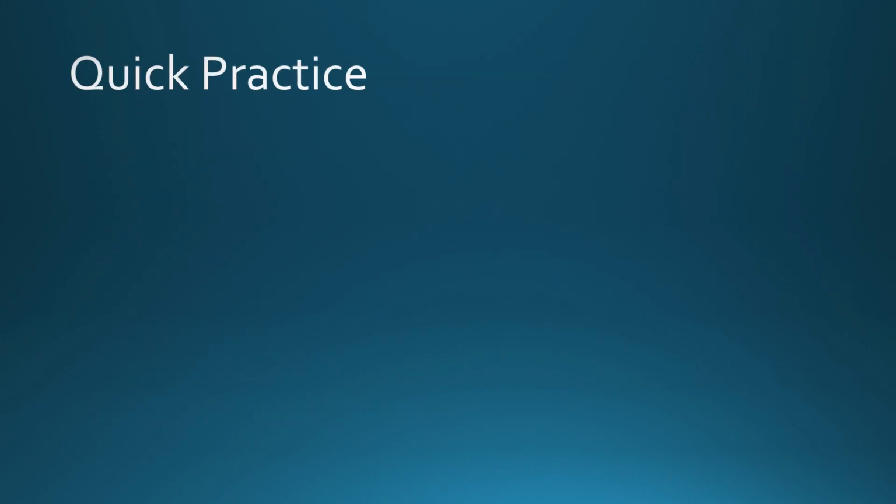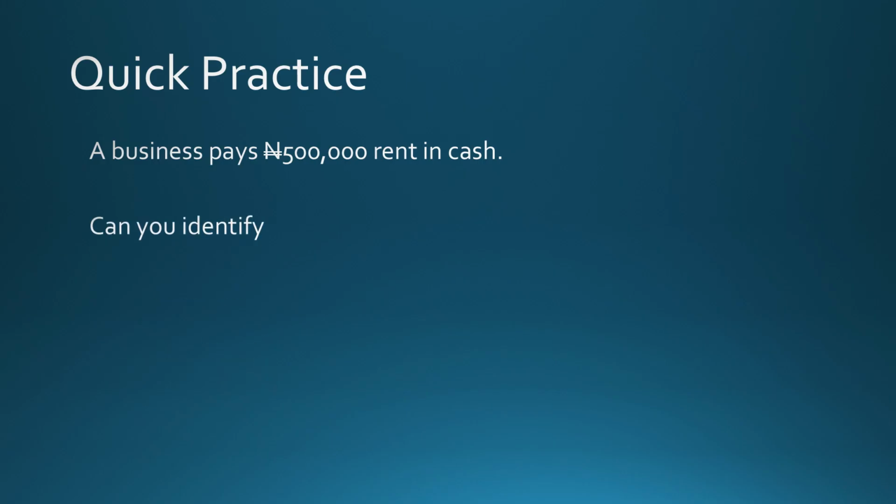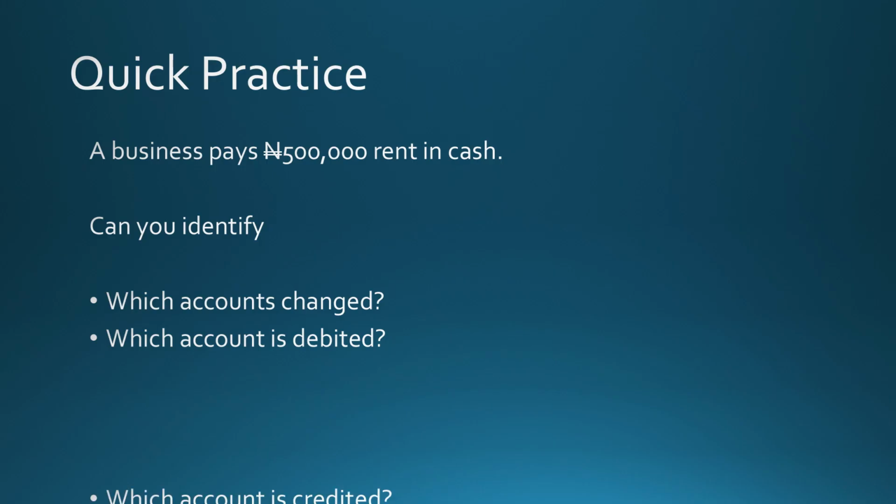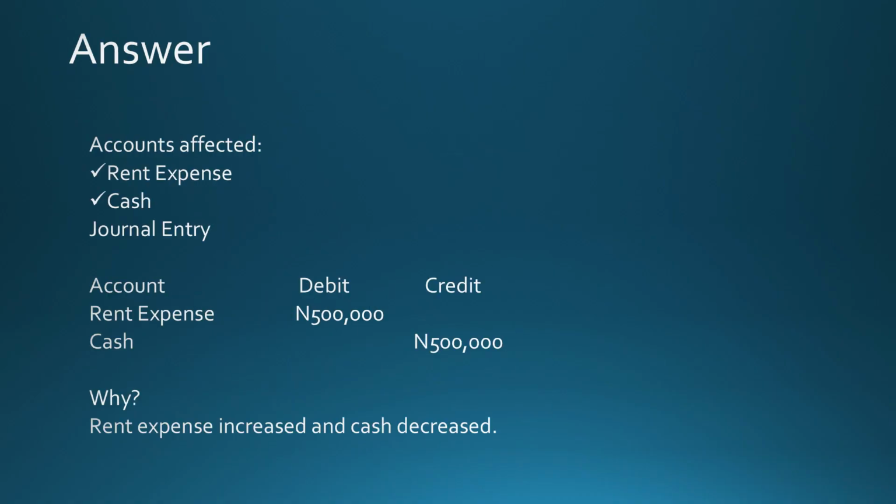Let's have a quick practice. A business pays 500,000 naira cash for rent. Think about this. Can you identify which account changed and which account is to be debited or credited? Now, our answer. The two accounts affected are the rent expense account and the cash account.